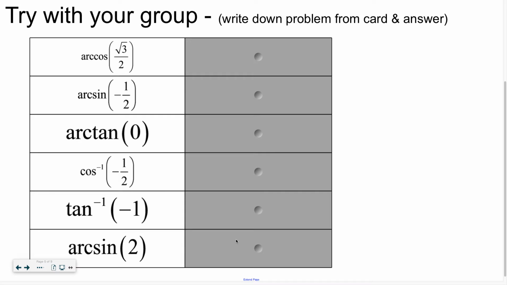So what angle has a tangent of 1? You should know tangents: 1, square root 3 over 3, square root 3. So it's the pi over 4 angle in quadrant 1. Since it's negative.